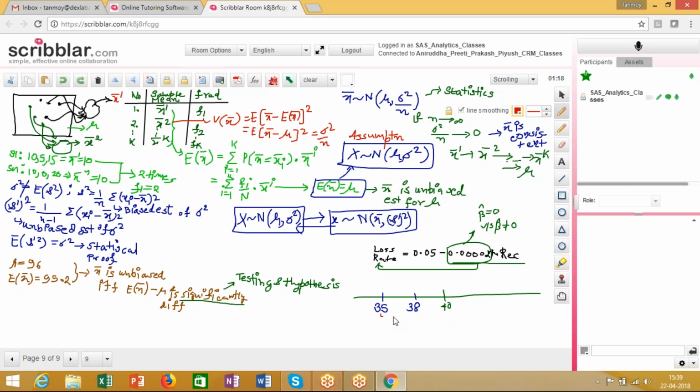So after getting plus 3, this guy moved from 35 to 38, and this guy moved from 38 to 41, right? So one guy moved from 35 to 38, and the other moved from 38 to 41.